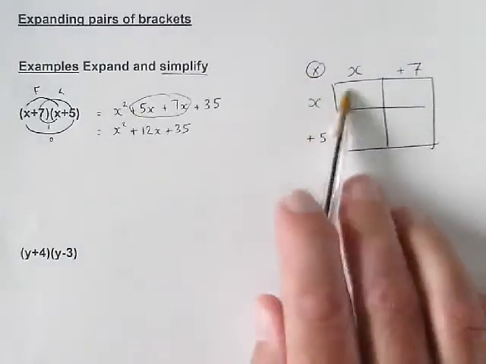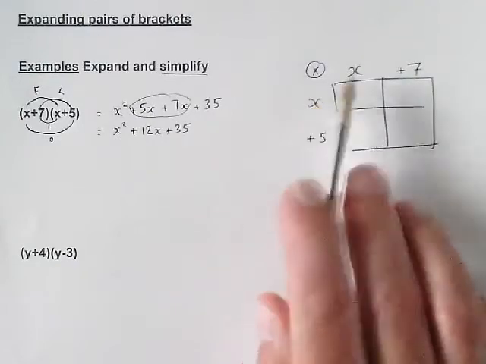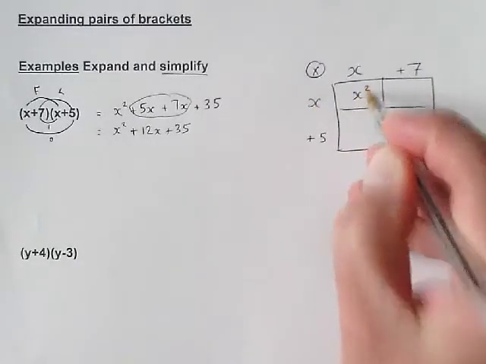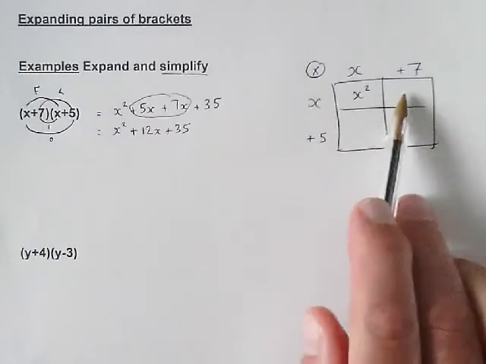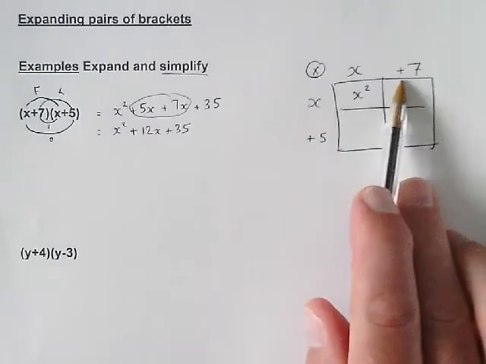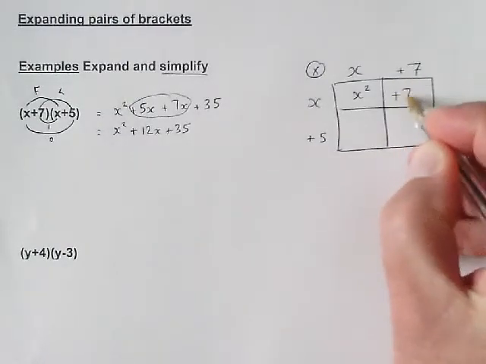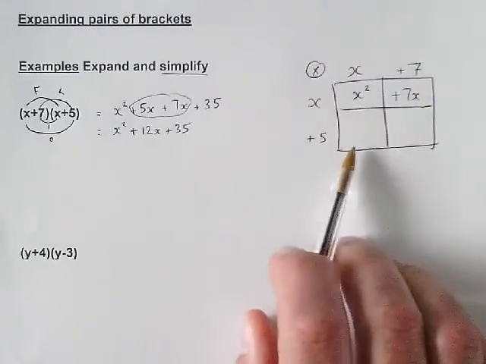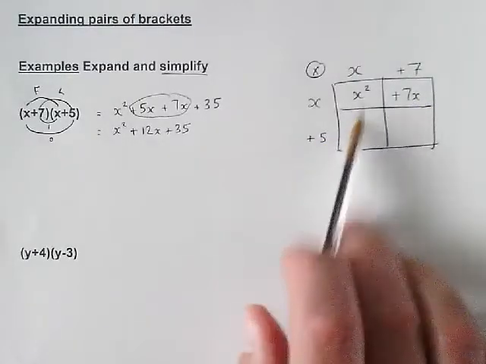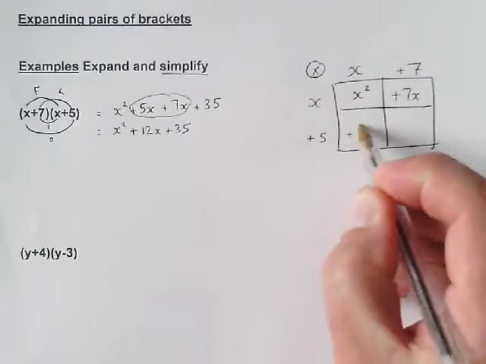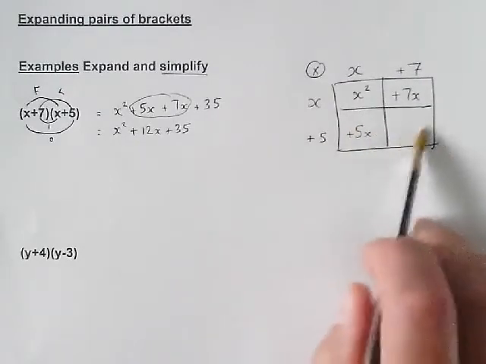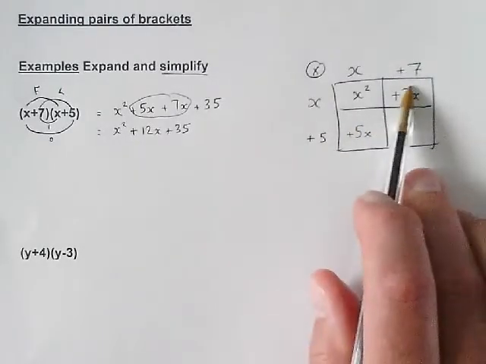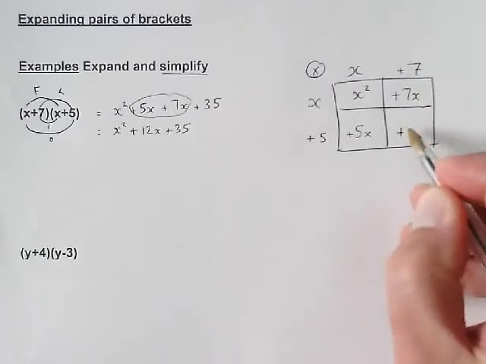So the top left square would be x times x, which is x squared. Top right, x times plus 7, plus 7x. Bottom left, plus 5 times x, plus 5x. And bottom right, plus 5 times plus 7 is plus 35.